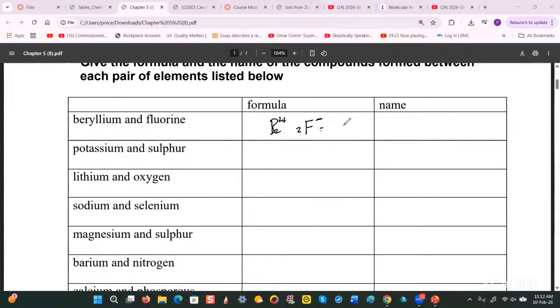And then when you put this together, it becomes BeF2. All right, so that's the formula. And then the name of this compound would be beryllium fluoride. And that's it. And that's how you answer that question for the first line, all right?